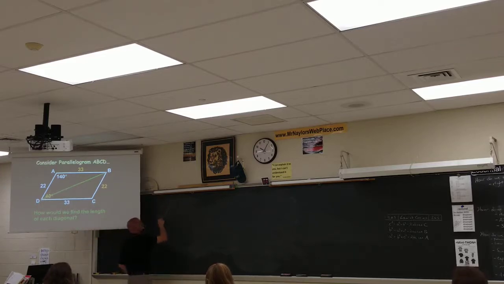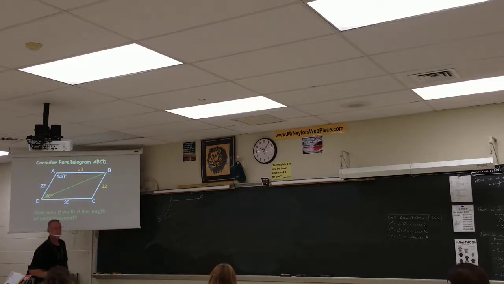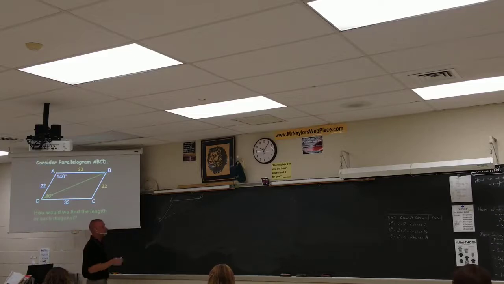Now, what I'm showing you here, I would imagine that you guys can also do, but I just want to make sure that we don't create any bad habits and some unnecessary thinking. And so I'm simply implying here that to find the diagonal, all you need is a triangle.